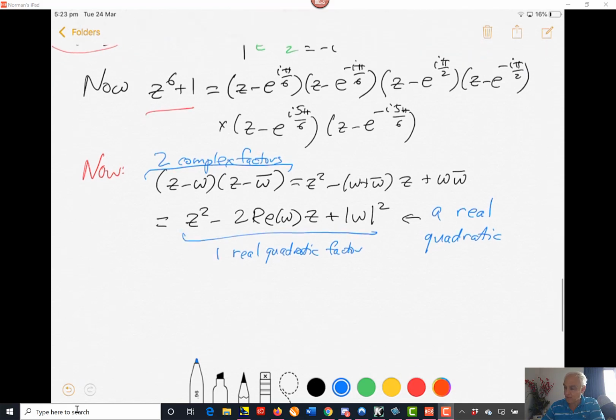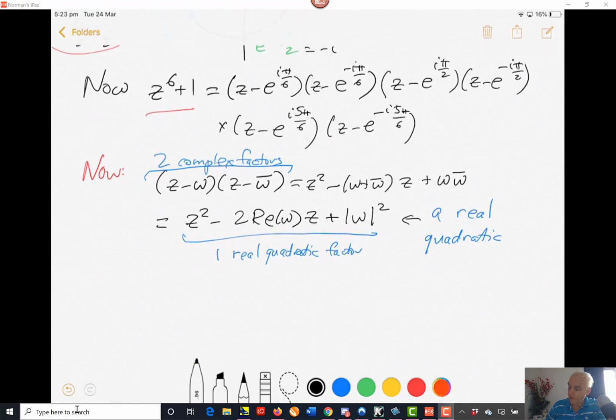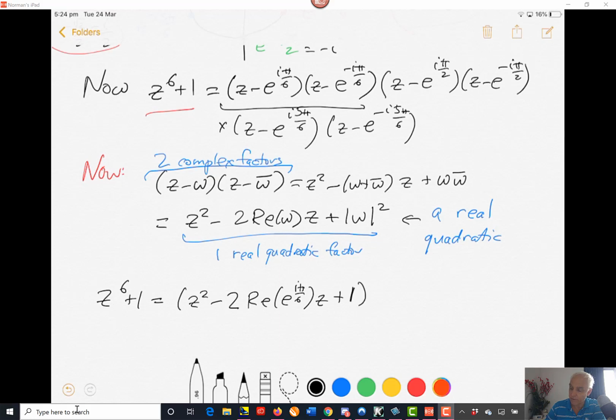So if we go back to our example of z to the 6 plus 1, if we put these two factors together, we're going to get z squared minus 2 times the real part of e to the i pi on 6 times z plus, okay, the modulus of e to the i pi on 6 is going to be 1 because it's on the unit circle.